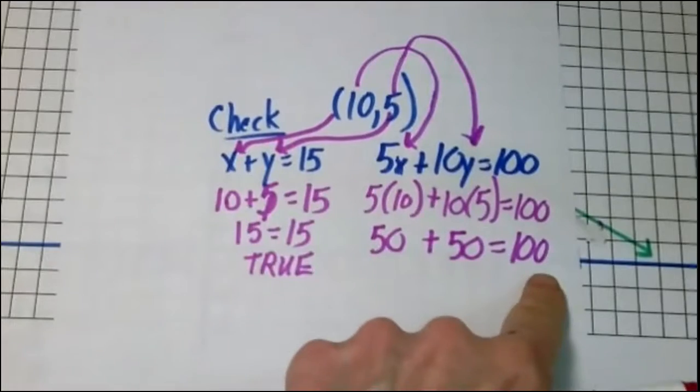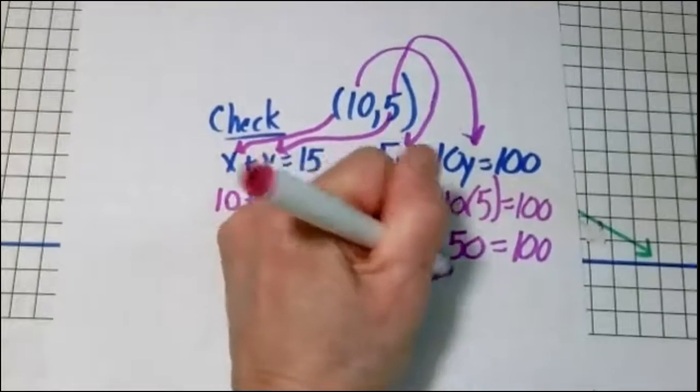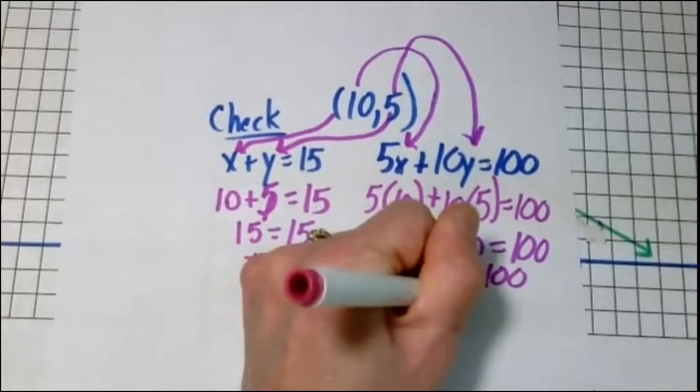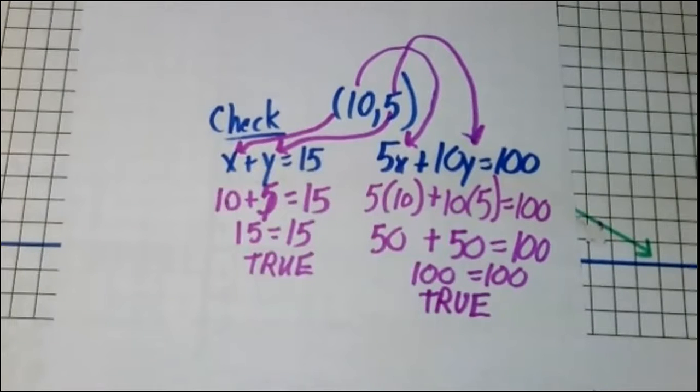Does 50 plus 50 equal 100? Yes, 100 equals 100. We have a true statement. So that point of intersection is true for both statements in our system of equations. So we know that we have done that problem correctly.